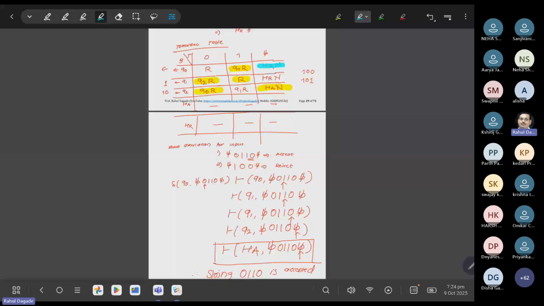It is reject, HR. Okay, so that means it goes to HR, that is reject, 100 blank, and the pointer is here.